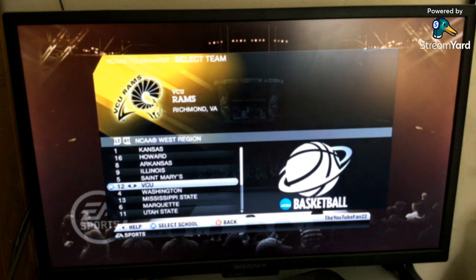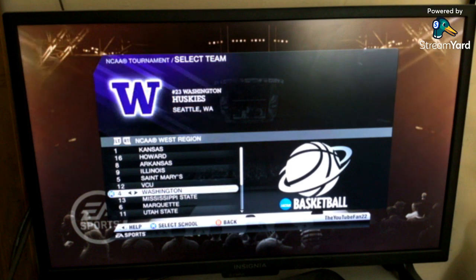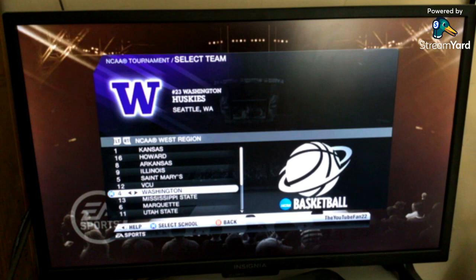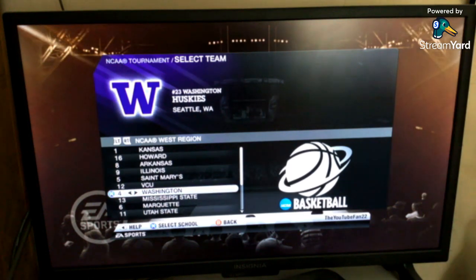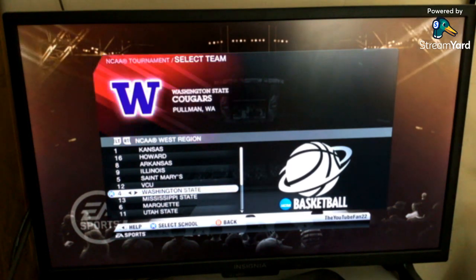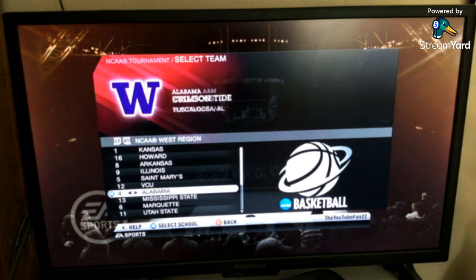Now we go on to the 6th seed. Or sorry, the 4th seed, excuse me. 4 and 13 will be the University of Connecticut, which is listed in here as Connecticut.